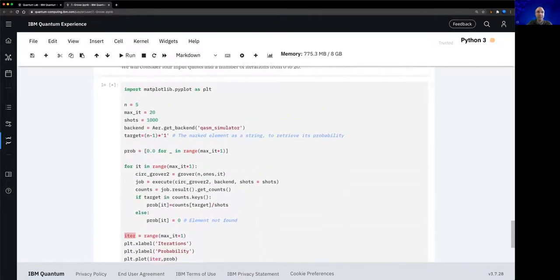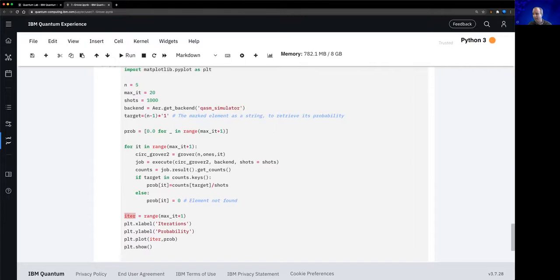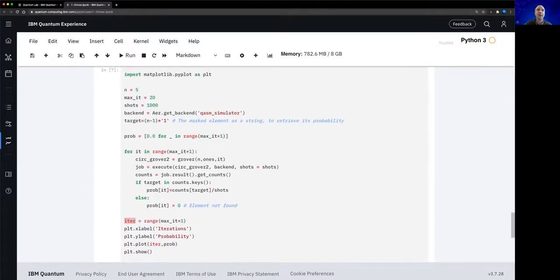Now I'm going to run this, because it takes a little bit of time, to represent the probability of finding a marked element in a situation in which I have an input of 4 elements. Remember that the last one is for the output, so the oracle receives 4 variables. The maximum number of iterations that I'm going to do is 20, in a range starting from 0 to 20.